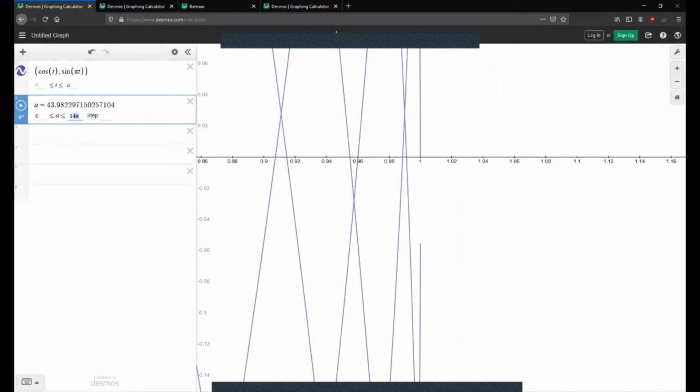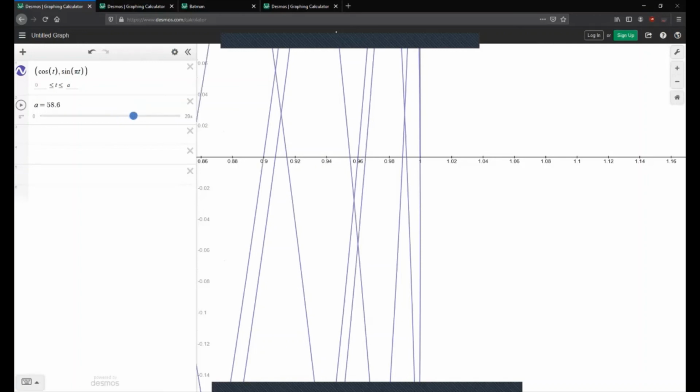Let me go a little bit farther out. So if my value of a can keep going, well, it doesn't cover up the place that it's been before. It traces out somewhere new again, right?